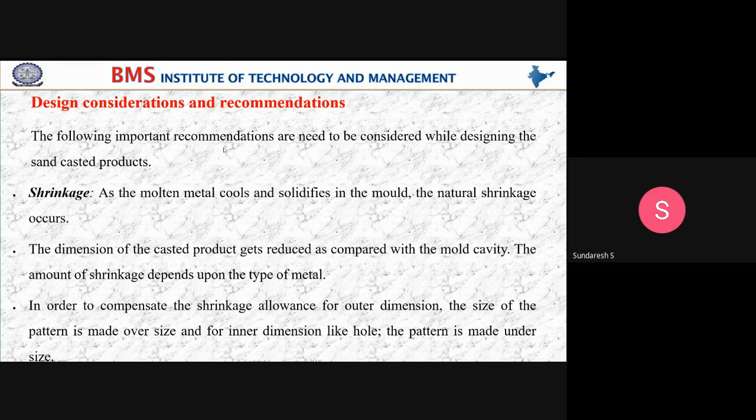If the component shrinks and then undergoes a finishing process through machining, the dimensions of the cast component will definitely be smaller than what we actually require. Therefore, what we generally do is provide shrinkage allowances over the patterns. The pattern is an exact replica of the casting.